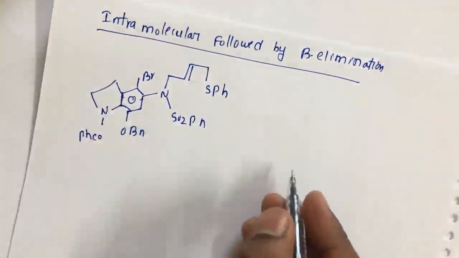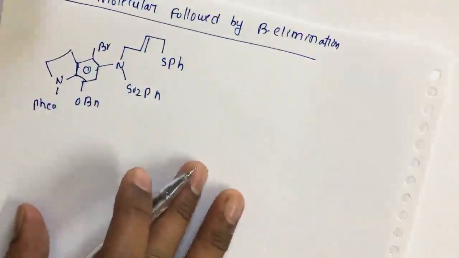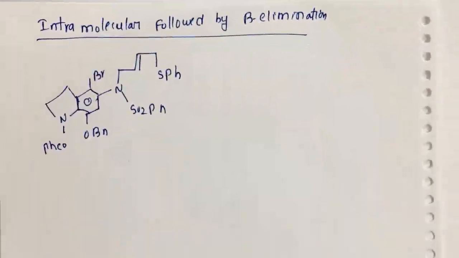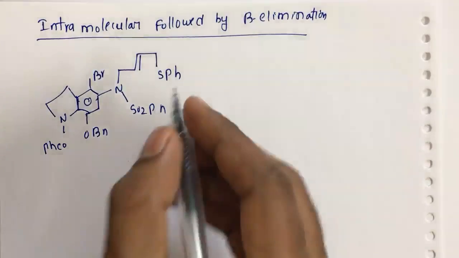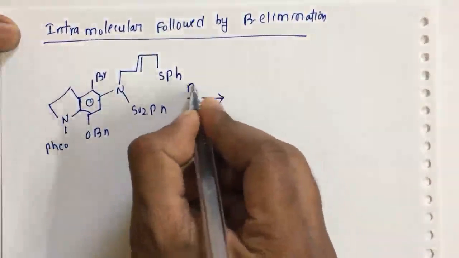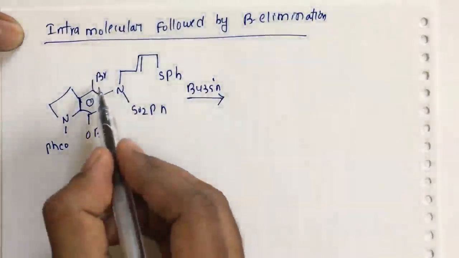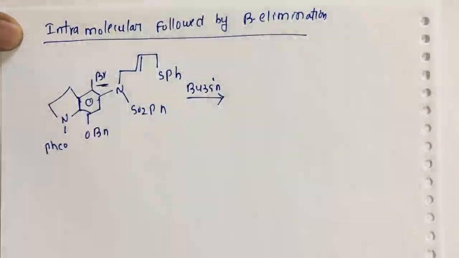So we have this compound. In the first step, this radical abstracts this bromine.